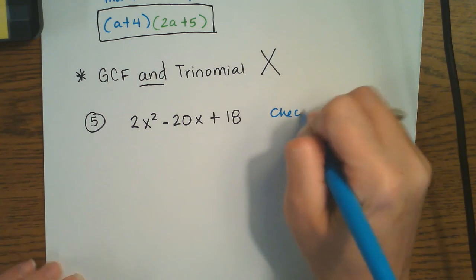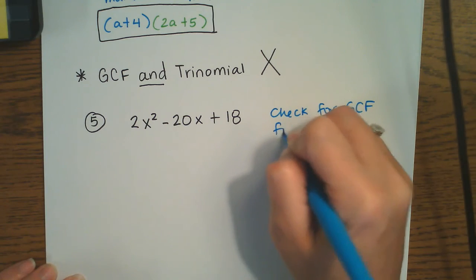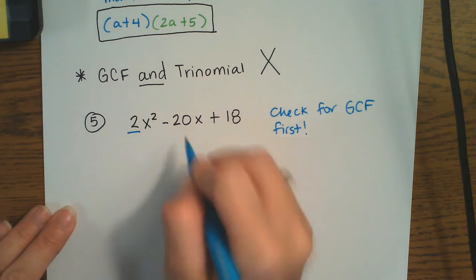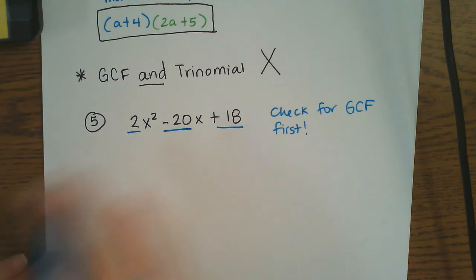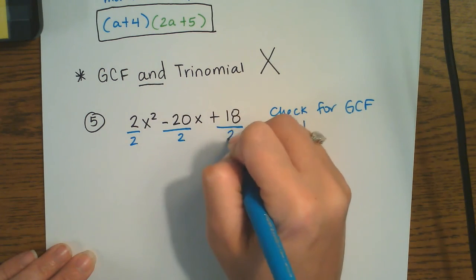So we check for GCF first. So I have a 2, -20, and 18. All of those numbers are even. So it looks like they have a common factor of 2 that I'll divide out first.